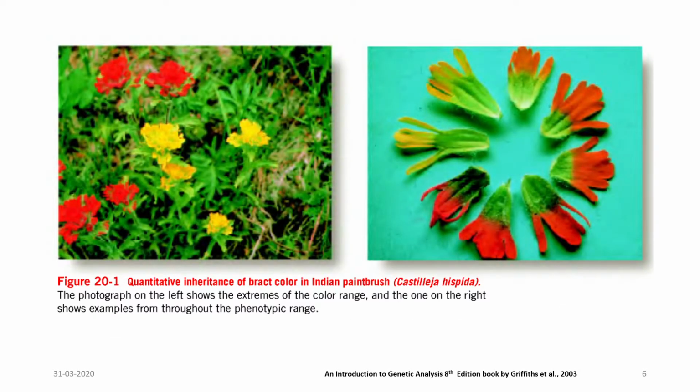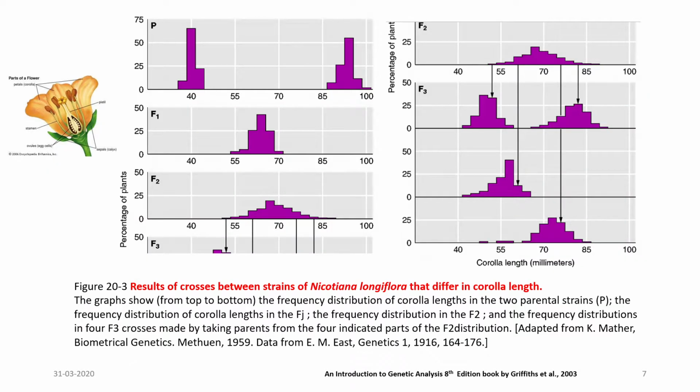For example, there is one more plant here, the Indian paintbrush. In this photograph, on the left, it is very clear that it shows a range of colors, and you can see the in-between colors between yellow and red. This is an example of continuous variation.